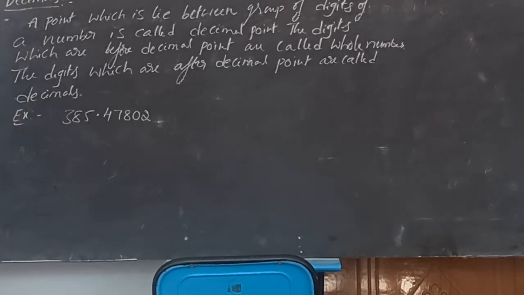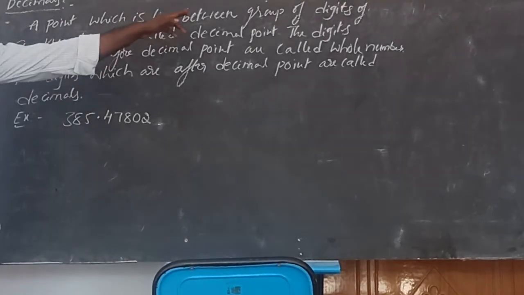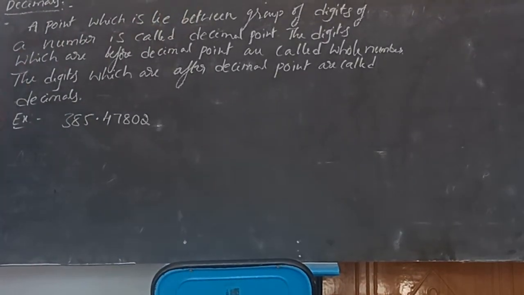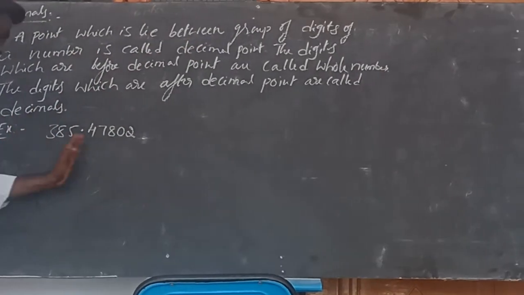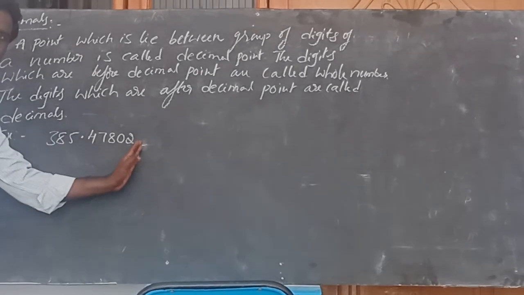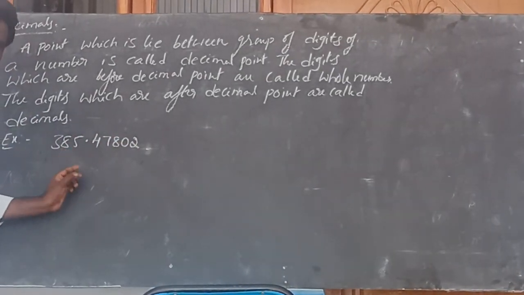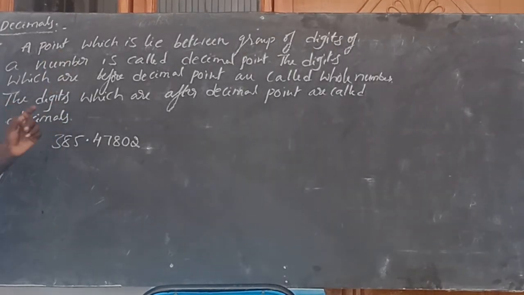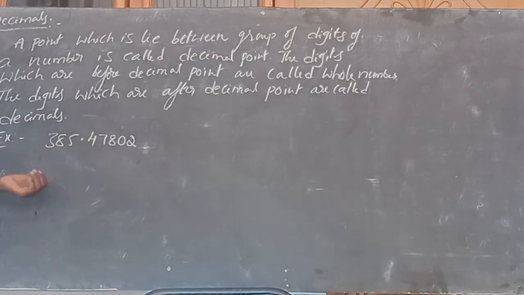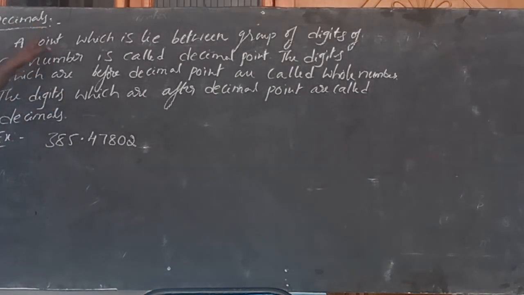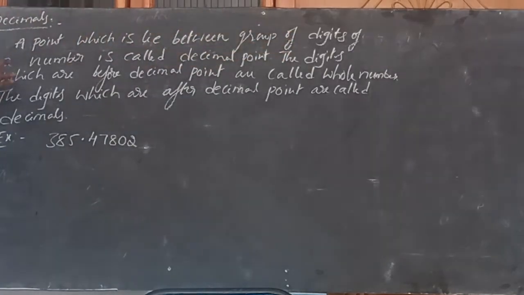Decimals. A point which lies between a group of digits of a number is called a decimal point. So it is one whole number. In this number, having digits means what? More than one digit, or at least one digit in a group, is called a number.